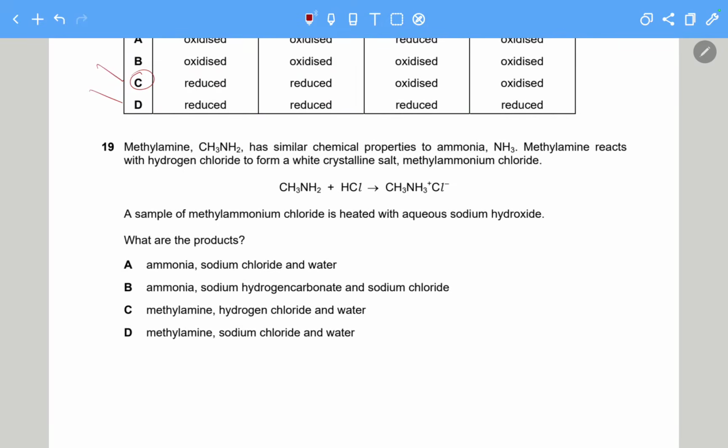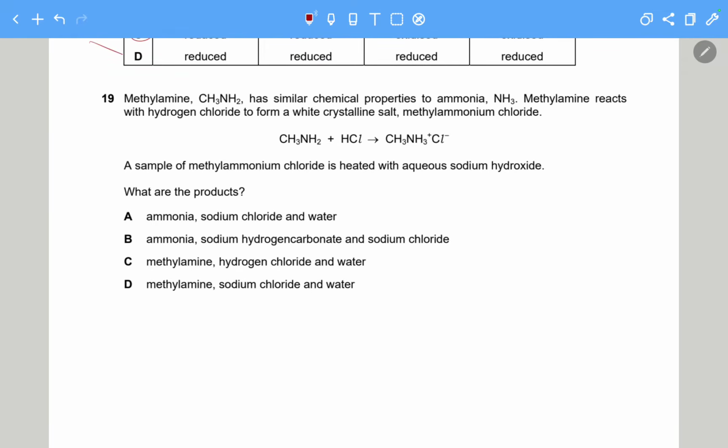Methylamine CH3NH2 has similar chemical properties to ammonia NH3. Methylamine reacts with hydrogen chloride to form a white crystalline salt, methylammonium chloride. So they've given us an equation here. A sample of methylammonium chloride is reacted with aqueous sodium hydroxide.